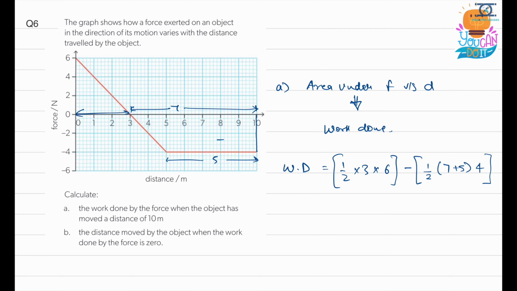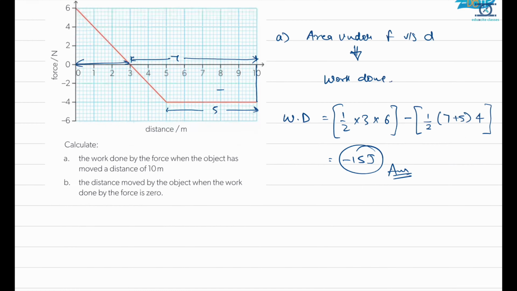If you solve this, you will get the answer as minus 15 joule. This will be your answer for the A part. I hope it is quite clear. This is quite easy. If you don't mention the negative sign, you will get 0 marks.